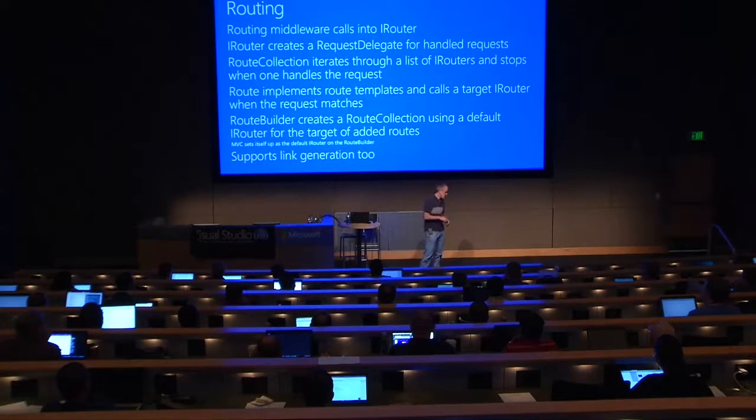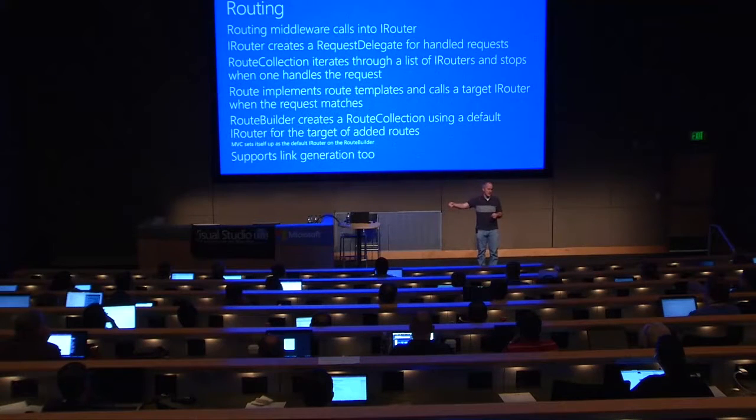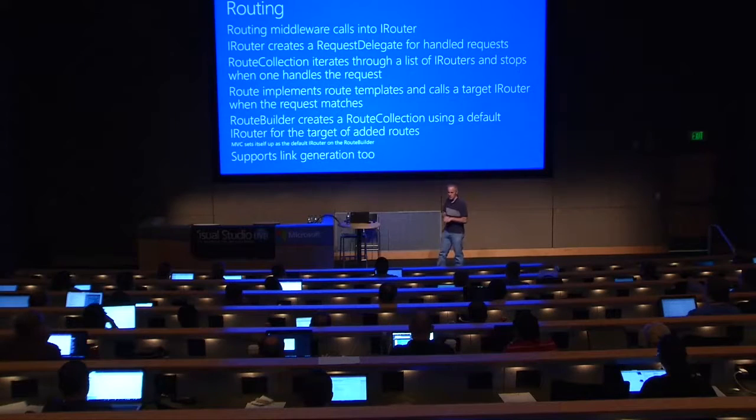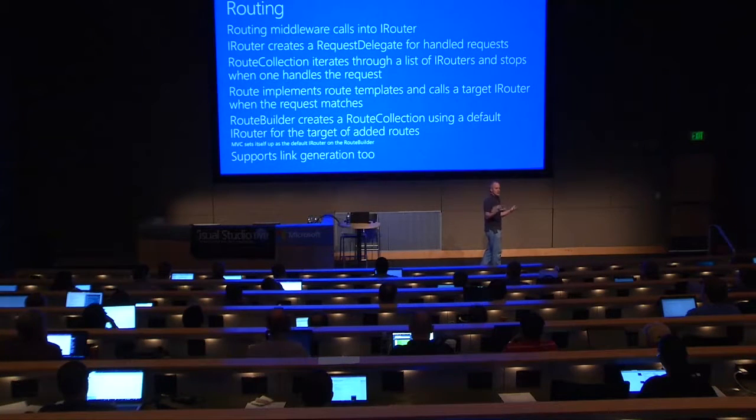It does something a little bit extra though. When it matches the request, you have to give the route another IRouter, and it will call that next IRouter. That's how it works. The template route implementation, you give it another IRouter, and if it matches, it'll call that IRouter. And then there's a route builder that you use to build up your route collection.